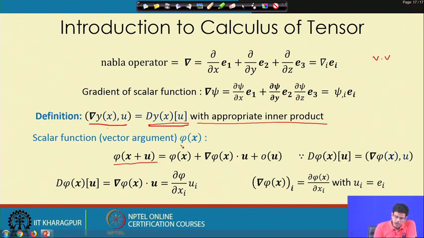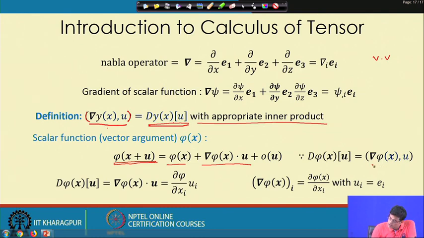So for such a function, if I want to write the sum with another vector u, which is essentially phi of x plus u, phi of x and del phi of x and u. From our definition, this del phi of x dot u, which I have represented with braces here, essentially defines the inner product.